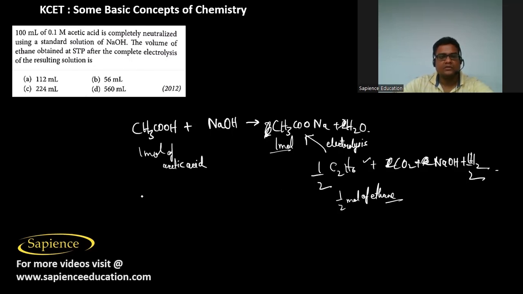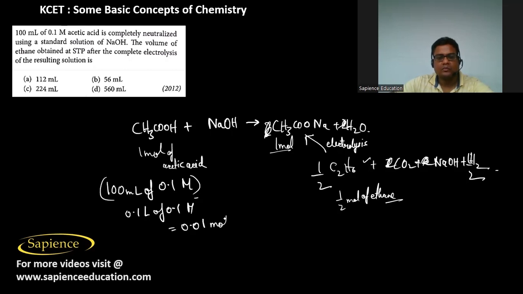So here 100 ml of 0.1 molar acetic acid has been taken. It means 0.1 liter of 0.1 molar, so it is 0.01 moles of acetic acid taken. Which will form 0.01 mole of sodium acetate, and which will form half of that, means 0.005 mole of ethane will be formed.